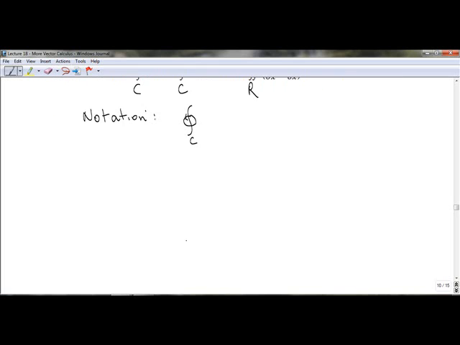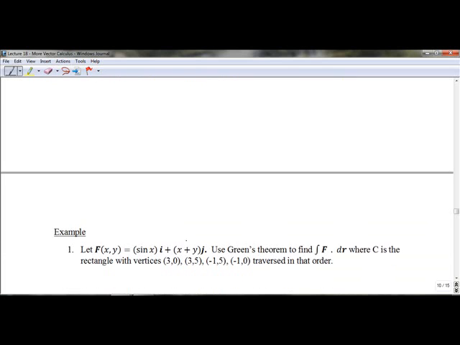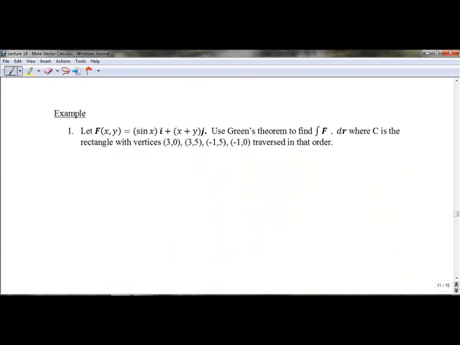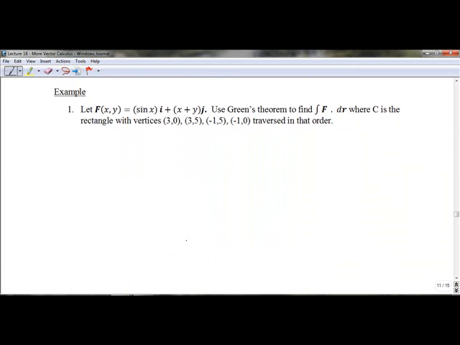Okay, let's do some examples. Green's theorem is quite easy because it's just a double integral, something you've done before. So, let's find this. You have this vector field. Use Green's theorem to find the line integral of the vector field over C, where C is the rectangle with vertices (3, 0), (3, 5), (-1, 5), (-1, 0), traversed in that order.